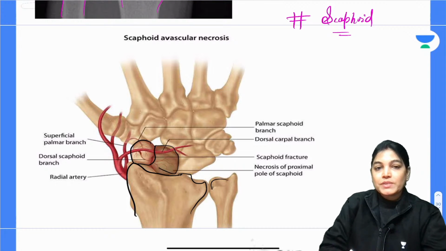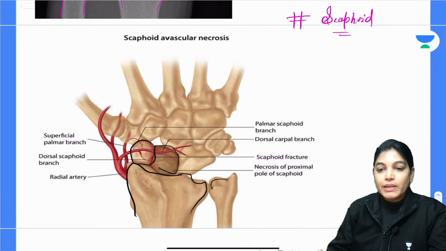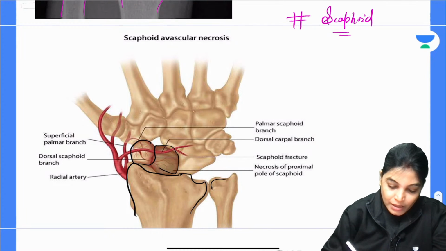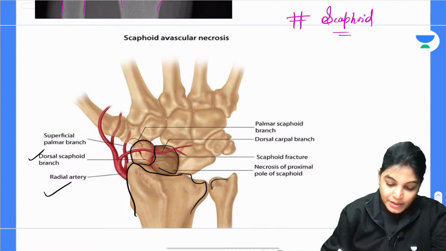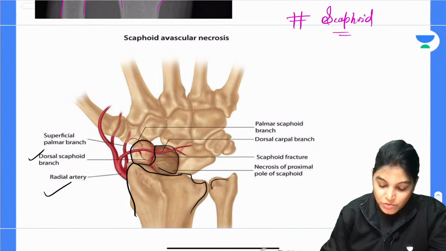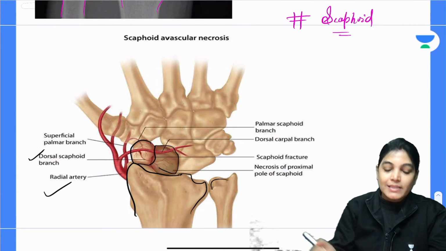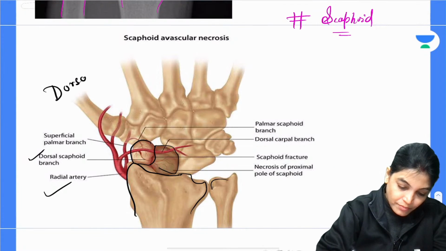Actually, the scaphoid bone has a very peculiar arterial supply. You can see the branches from the radial artery, scaphoid dorsal branches and branches from the palmar arches, and the arteries are entering. If you see, the course of the artery is entering from the dorsal aspect.